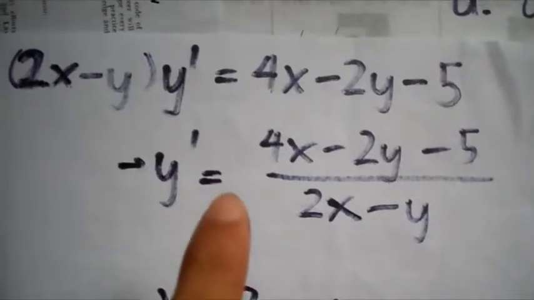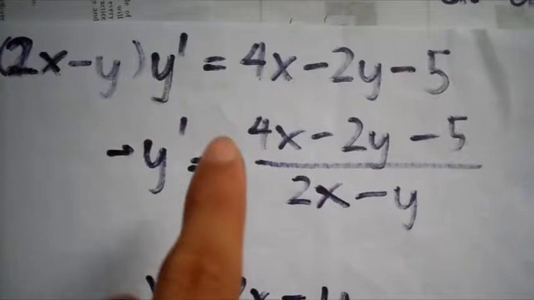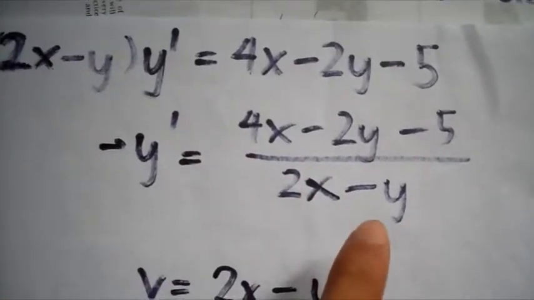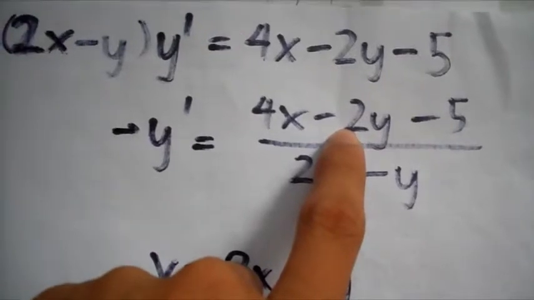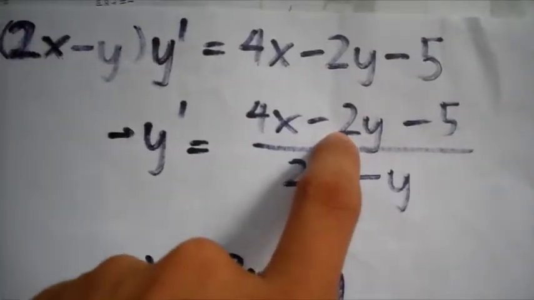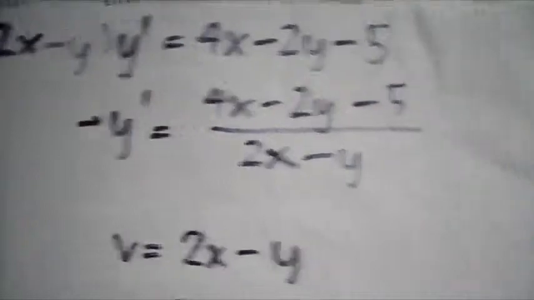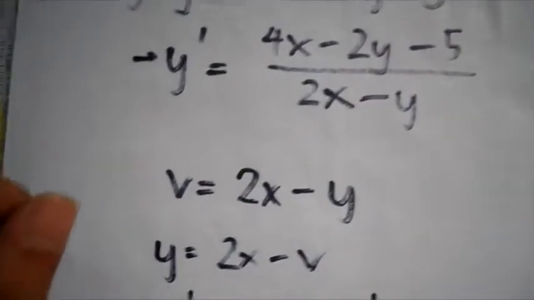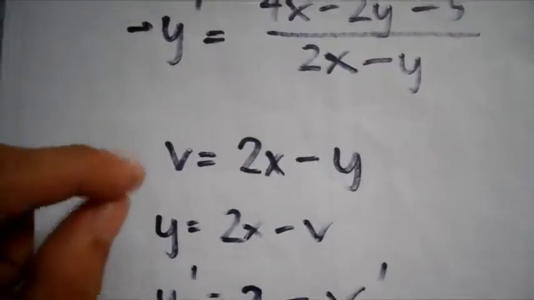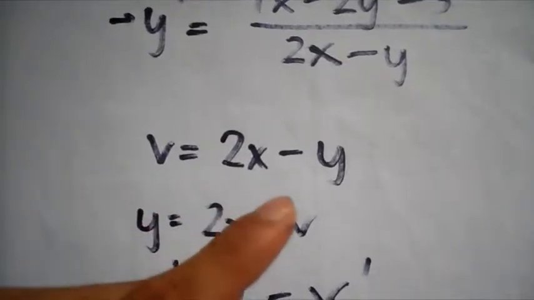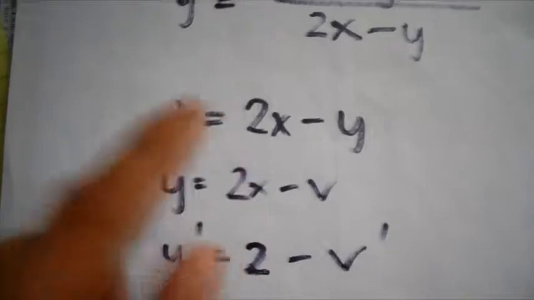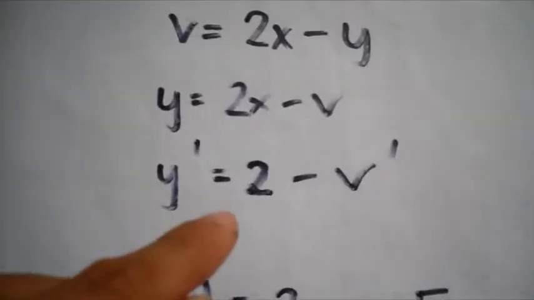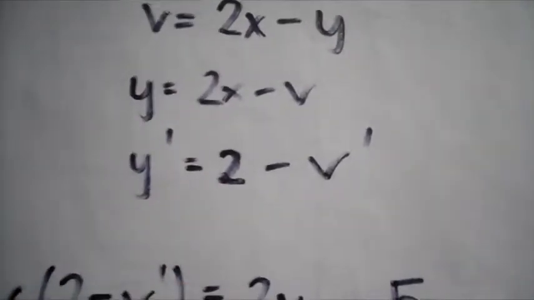We can see that 4 multiplied by negative 1 is equal to negative 4, and 2 multiplied by negative 2 is equal to negative 4, which corresponds to the condition given at b. So we use the substitution v is equal to 2x minus y, and by rearranging the terms here and differentiating it, we get y prime which is equal to 2 minus v prime.